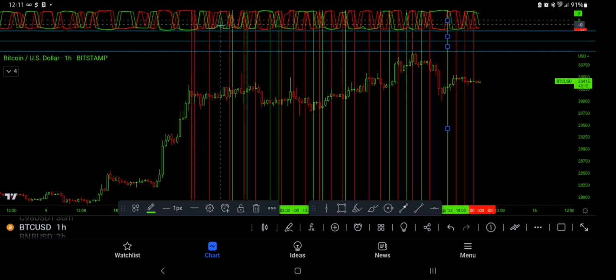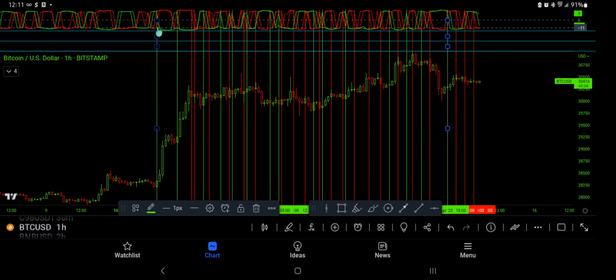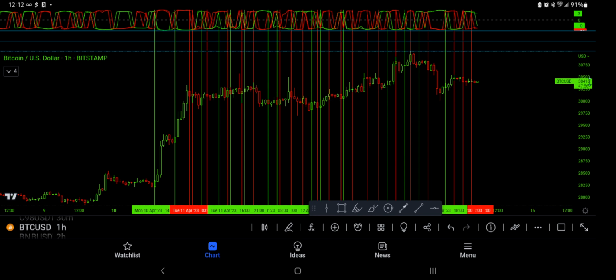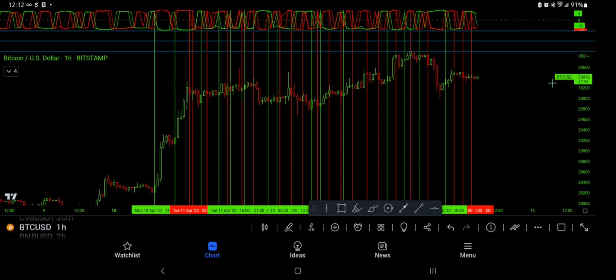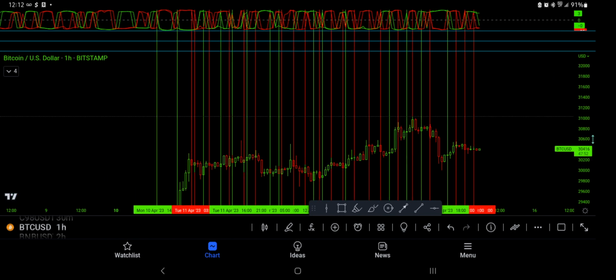Again, I'm just looking right up here. And we got a really good call right here and a really good call right here. So as you can see, even on the buy signals, it does vary in size and the move really.